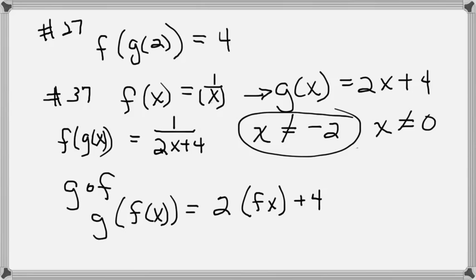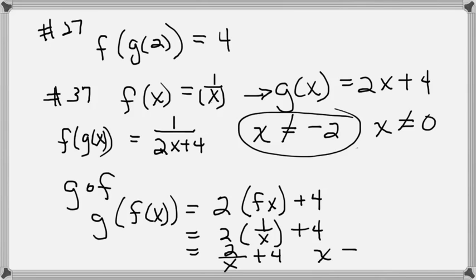And what is f of x? It's 1 over x. So we have 2 times 1 over x plus 4. And if you simplify this, you'll have 2x plus 4. And you have to make sure that you define that x cannot be 0.